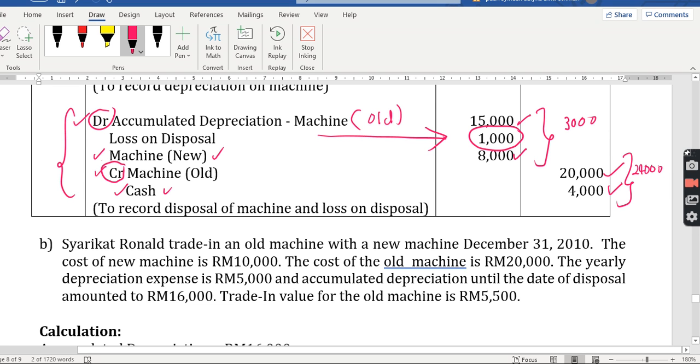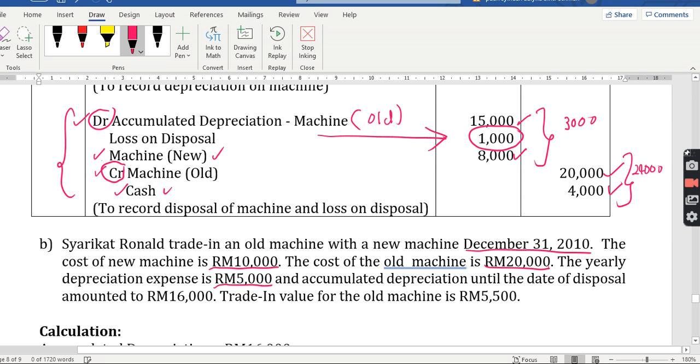Syarikat Ronald wants to trade in the machine on the same date, still 31st December of 2010, and the cost of the new machine is 10,000. Okay, aset baru harga 10,000 ringgit. Aset lama harga 20,000. So if I were to close the old asset, the amount that will be credited is 20,000. Okay, dia dah bagi depreciation 1 year is 5,000.